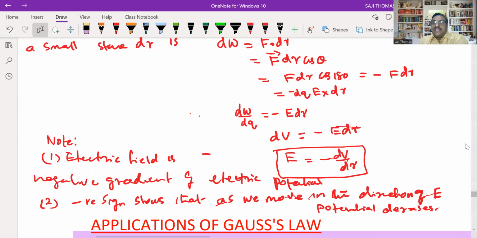Electric field is the negative gradient of electric potential. And what is the importance of the negative sign? The negative sign shows that if we move in the direction of electric field, potential decreases steepest. These points you have to remember.